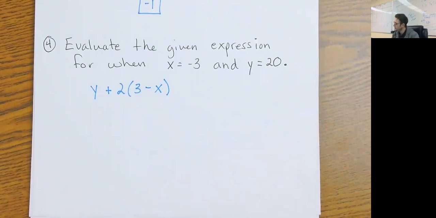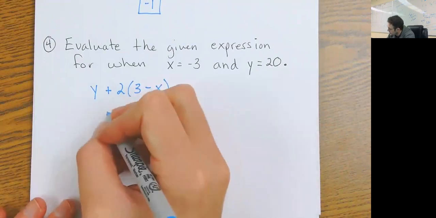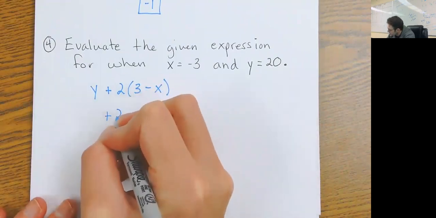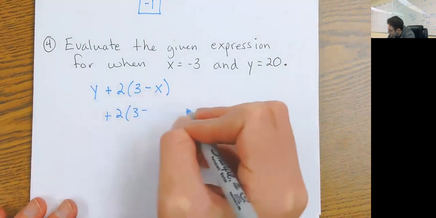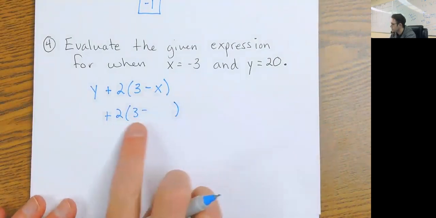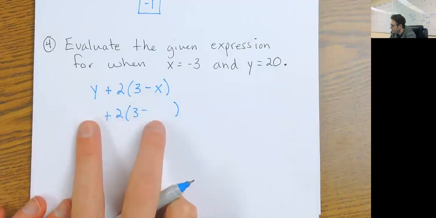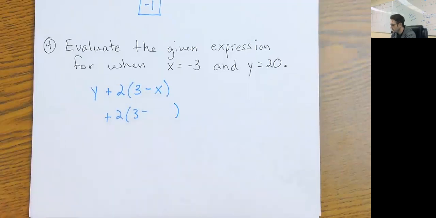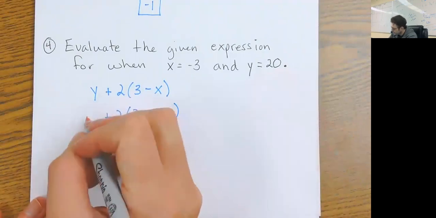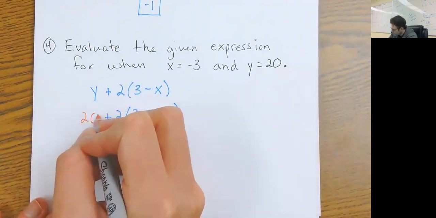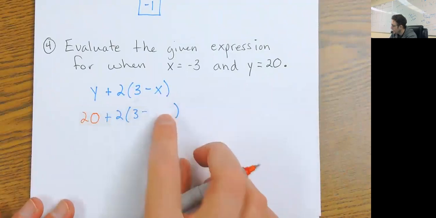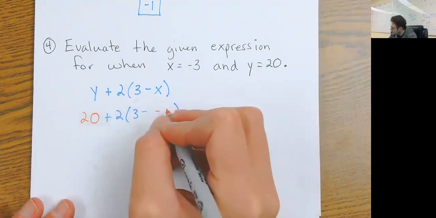So we're going to substitute in certain places, for y and for x. If I substitute for y, y is going to be 20. If I substitute in for x, that is going to be a -3.